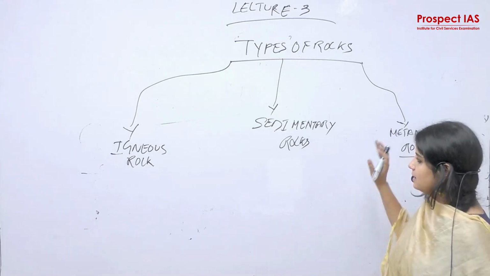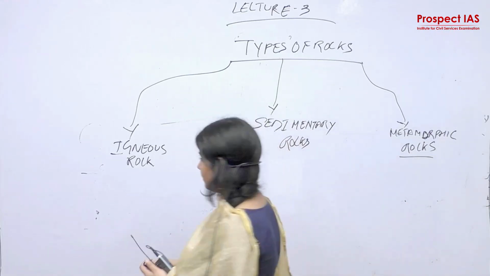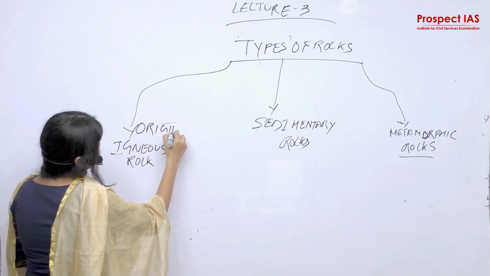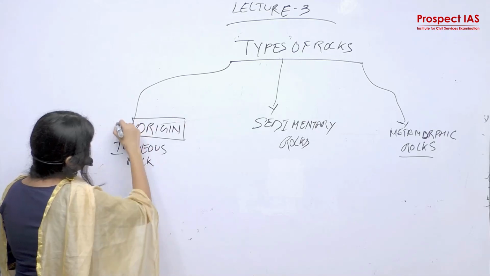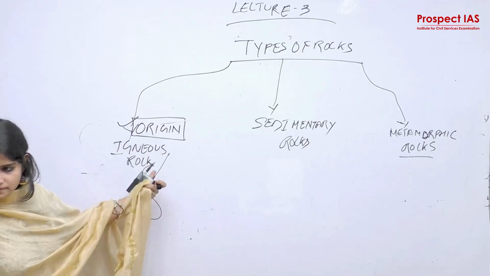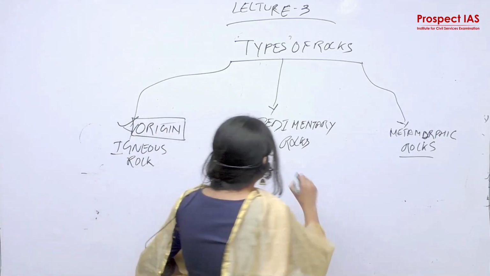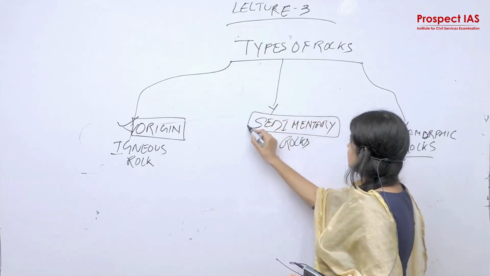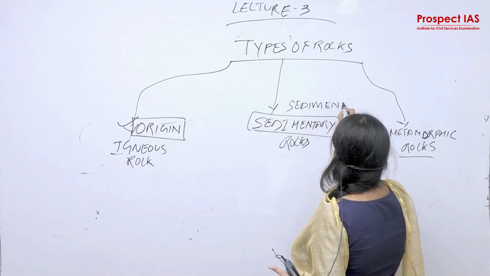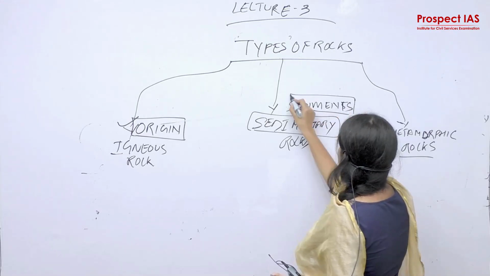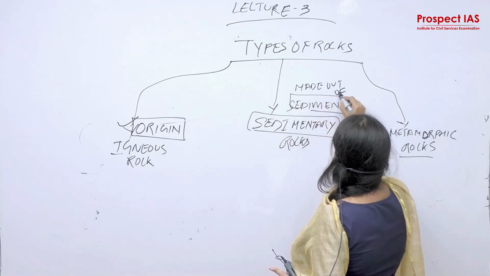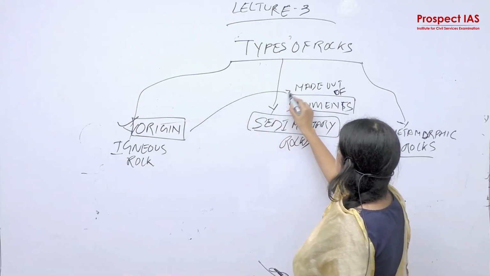I used to prepare that way. So igneous means origin. Igneous means origin, right? So this is a parent rock kind of thing, coming directly from the surface. Sedimentary means made out of sediments, made out of deposition.